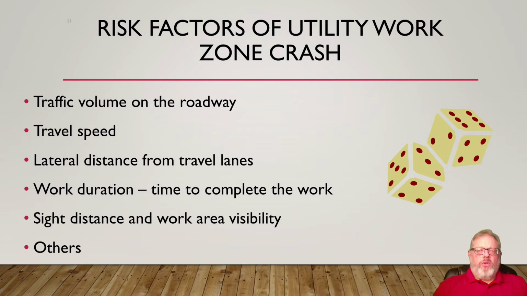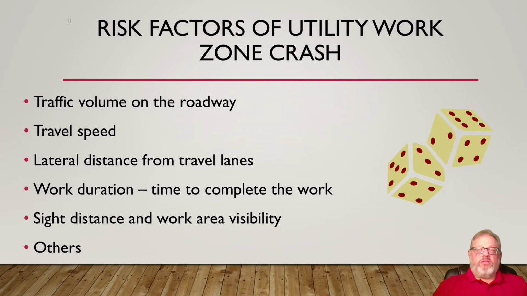So there are going to be times when you need to look at the site, and if there's a blind curve, a blind hill, or other things that cause issues with sight distance and visibility to the workers, you may need to adjust your work zone, and make sure that the flagger or the lights or your devices are visible.